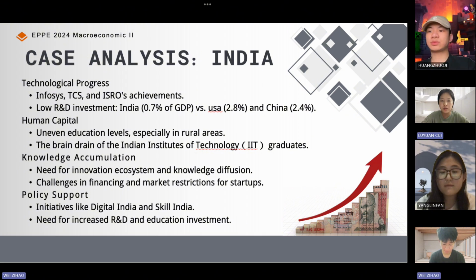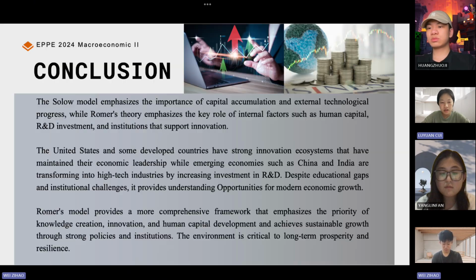The last is policy support, where initiatives such as Digital India and Secure India aim to address these issues. There is a need for increased investment in research and development and education for sustained growth. At last, we do a conclusion.